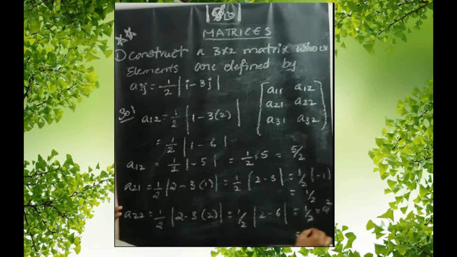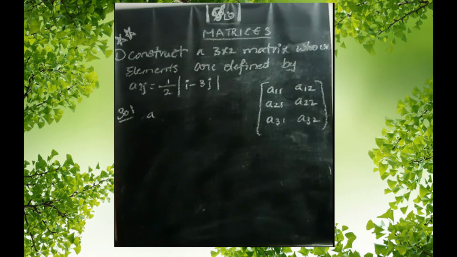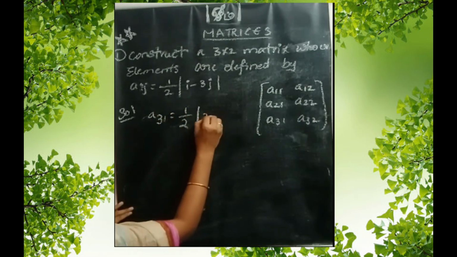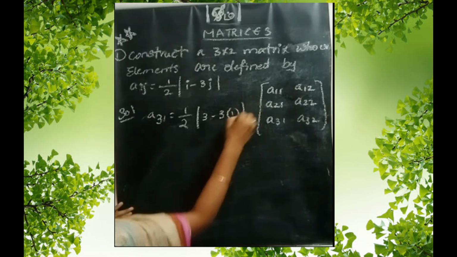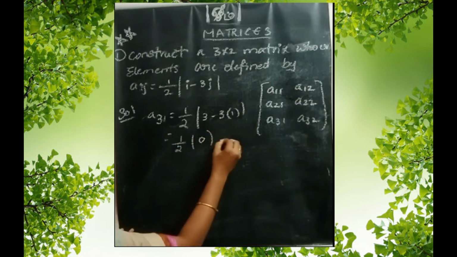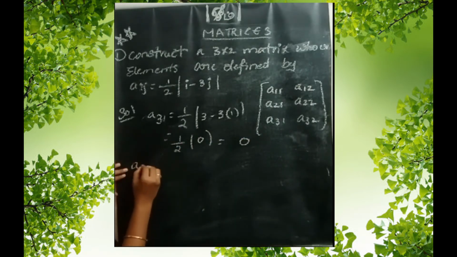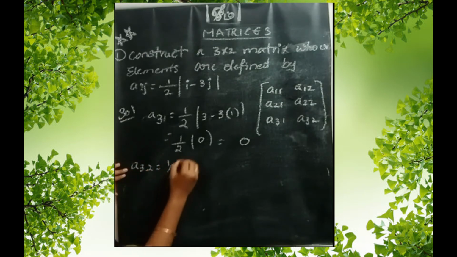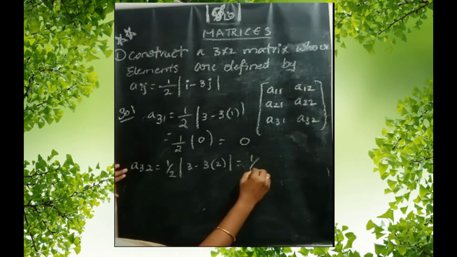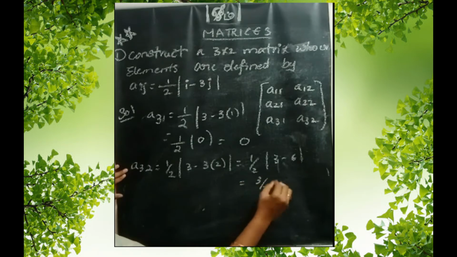So 2. Now next A31. A31 equals 1 by 2 mod of 3 minus 3 times 1. 1 by 2 into 0 is 0. So A31 will be 0. Now A32, 1 by 2 mod of 3 minus 3 times 2. 1 by 2, 3 minus 6, that is 3 by 2.